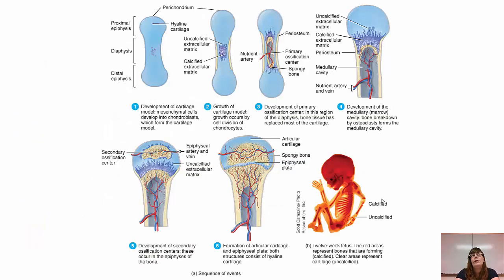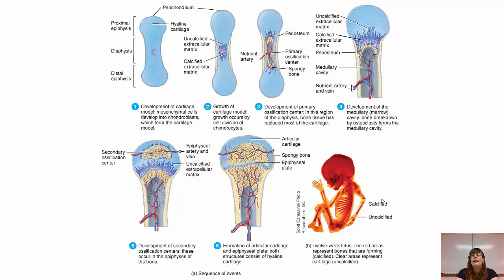So here's a picture showing you, so you can see mostly cartilage to start out, and then over time that primary ossification center develops in the shaft of the bone. The bone matrix is secreted, calcification happens, and then the medullary cavity is cut out by the osteoclasts.